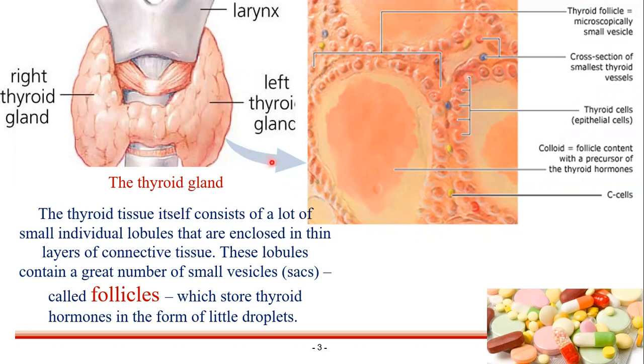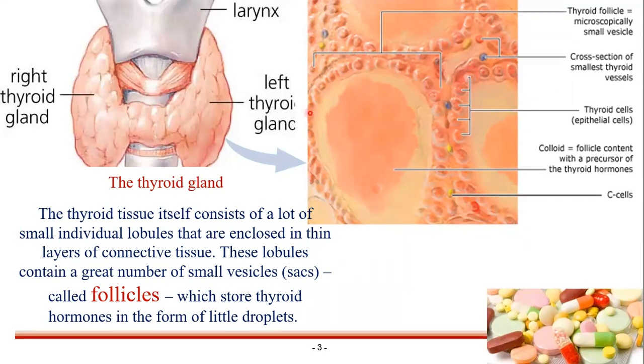The thyroid tissue itself consists of a lot of small individual lobules that are enclosed in thin layers of connective tissue. These lobules contain a great number of small vesicles, sacs called follicles, which store thyroid hormones in the form of little droplets.